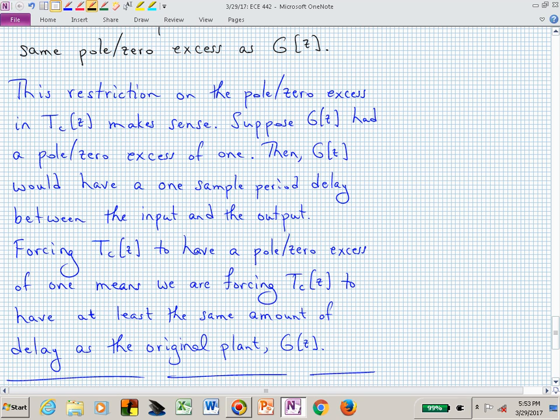Yes, so if we went the other direction, the question was if we increase our pole zero excess. So if we made t sub c of z have a pole zero excess of 2, now we have 2 delays between our input and our output.